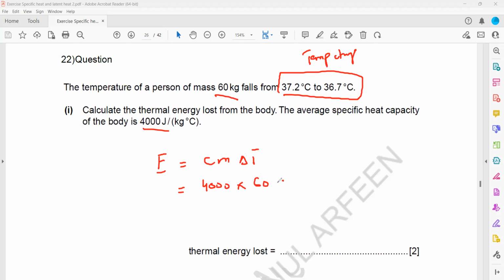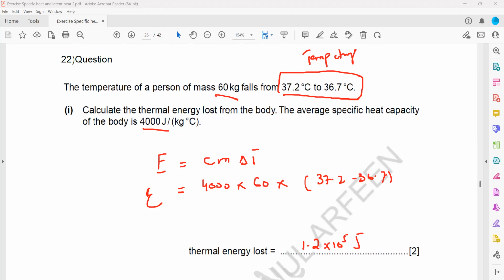The mass of the body is 60 and the temperature change is 37.2 minus 36.7. We multiply all of them, and it will be 1.2 times 10 to the power 5, or 120,000 joules of energy lost from the body.